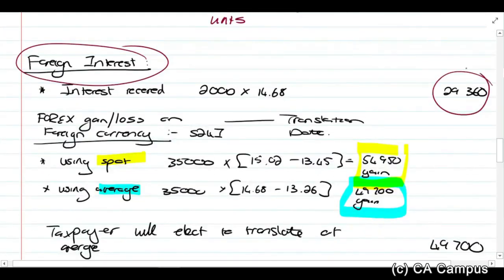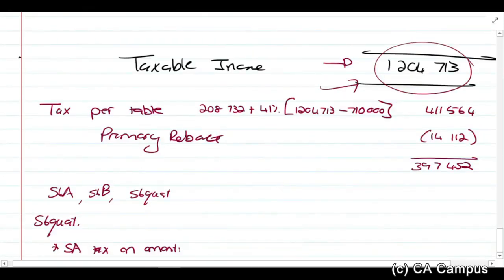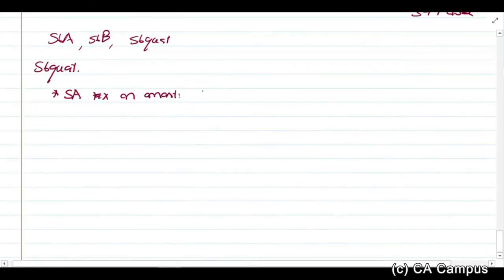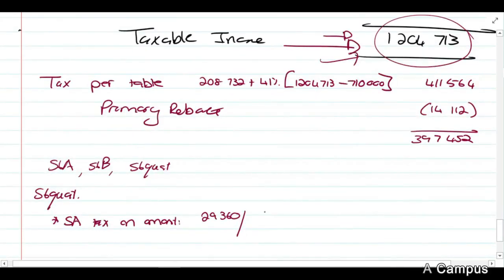It's the amount which is included in our taxable income, 29,360. You divide it by your actual taxable income, that 1,204,713. So now you have a percentage of that amount. We multiply it by our tax, 411,564. So that tells you how much tax we paid in South Africa on the foreign interest. So that 29,360 rands resulted in 10,030 rands in tax.